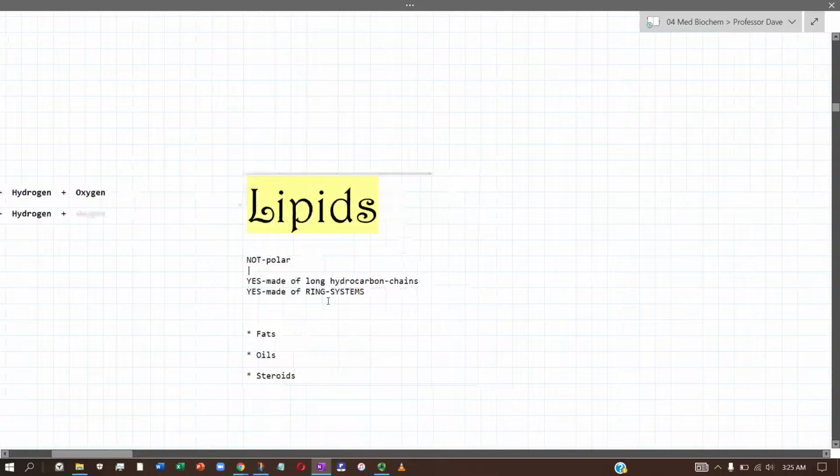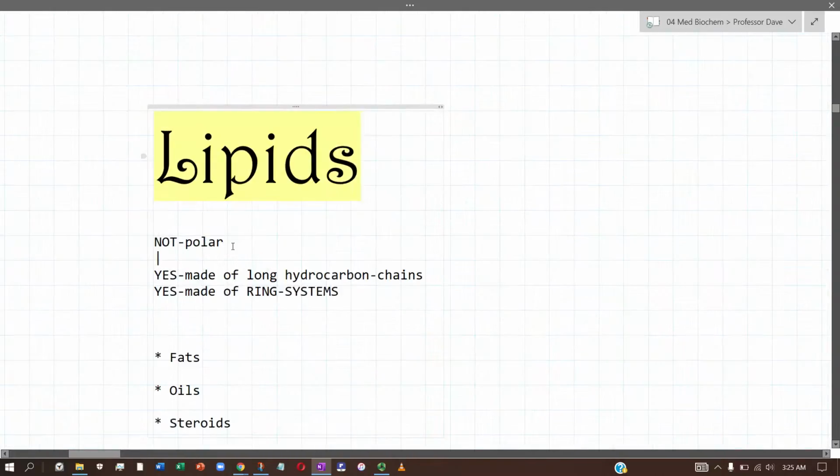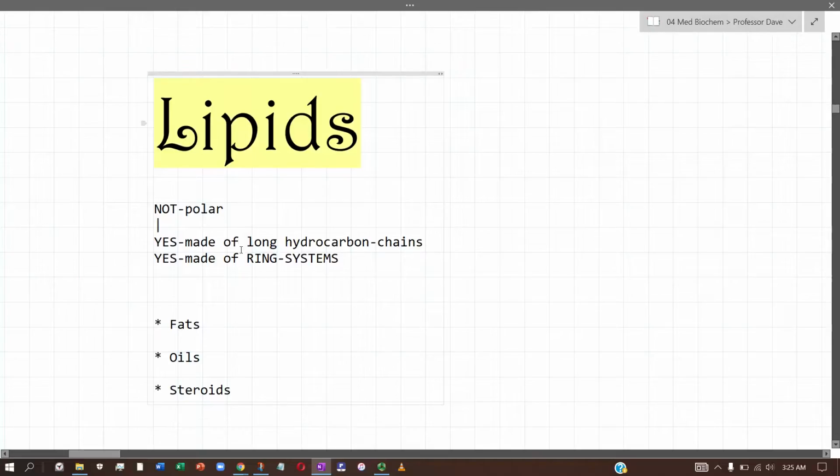All right, so some major characteristics of lipids are as follows. Lipids are not polar, aka apolar. They are made of long hydrocarbon chains, or they are made of ring systems.